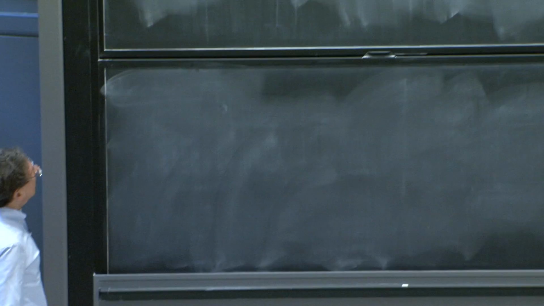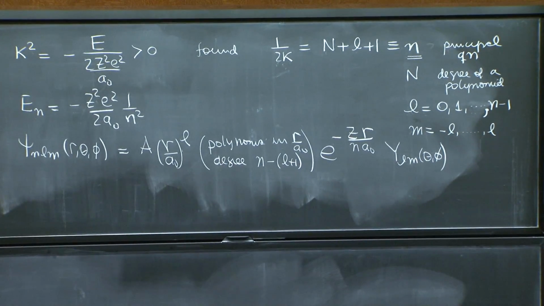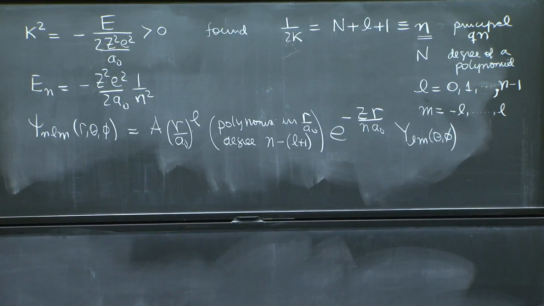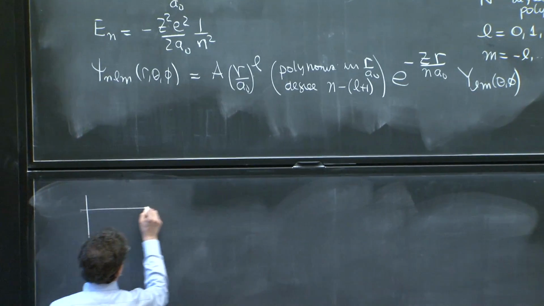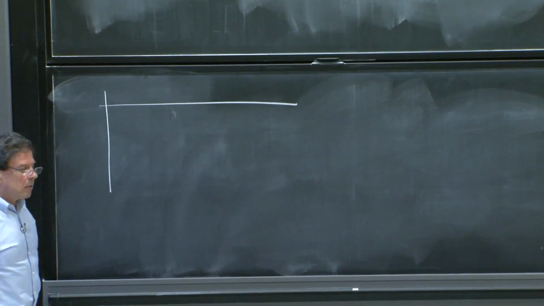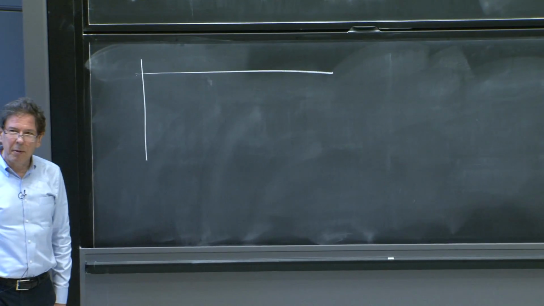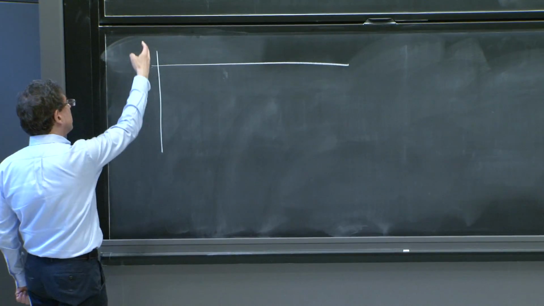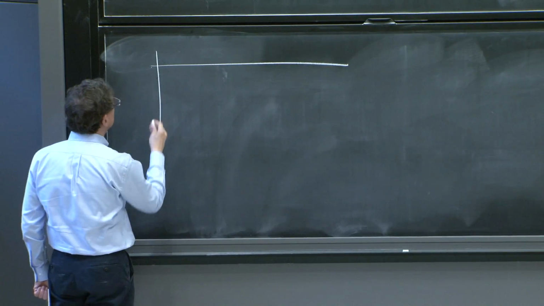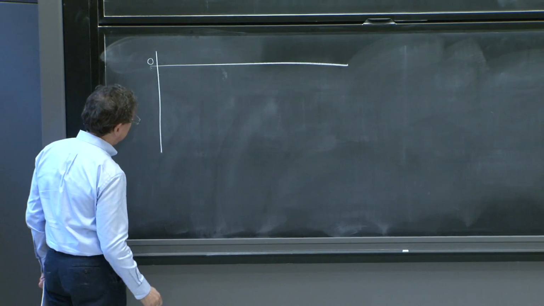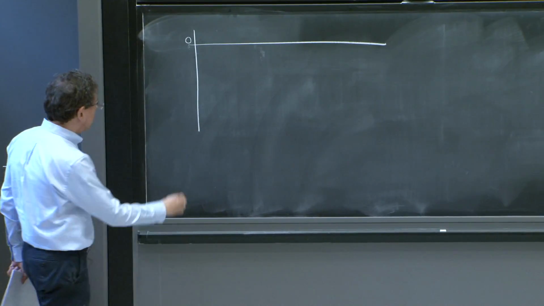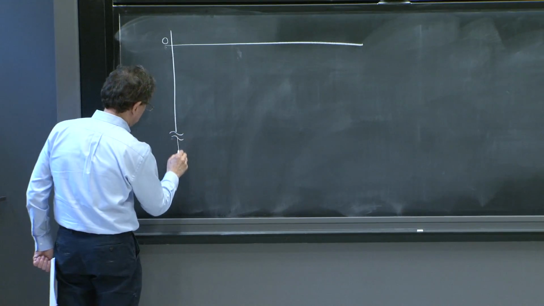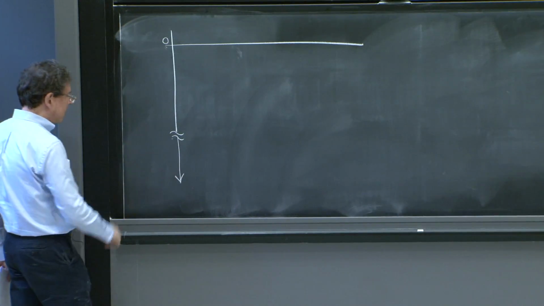Now, for the hydrogen atom, and in fact for any central potential, there's a classic diagram for bound states. You put the energy on the vertical line. It's a negative energy, so you can put 0 at the top. It's better, as usual, to use something dimensionless here.